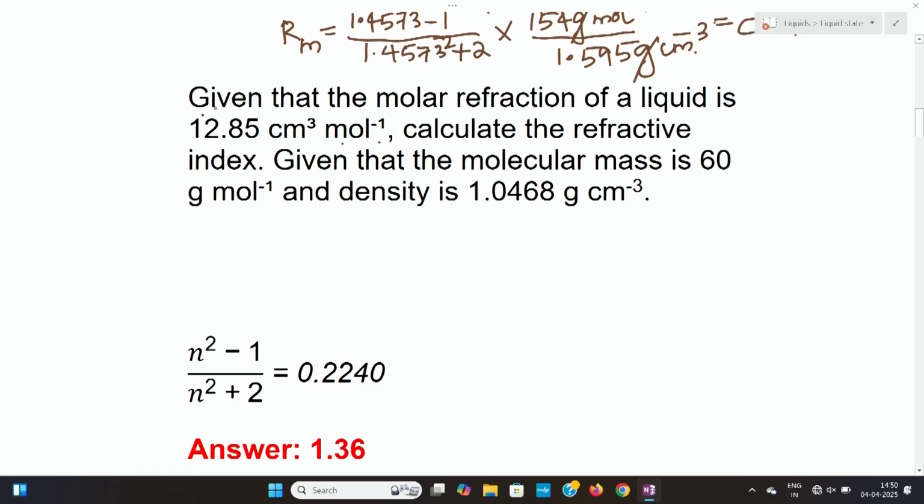Our next problem is, given that the molar refraction of a liquid is 12.85 centimeter cube mole inverse, calculate the refractive index.